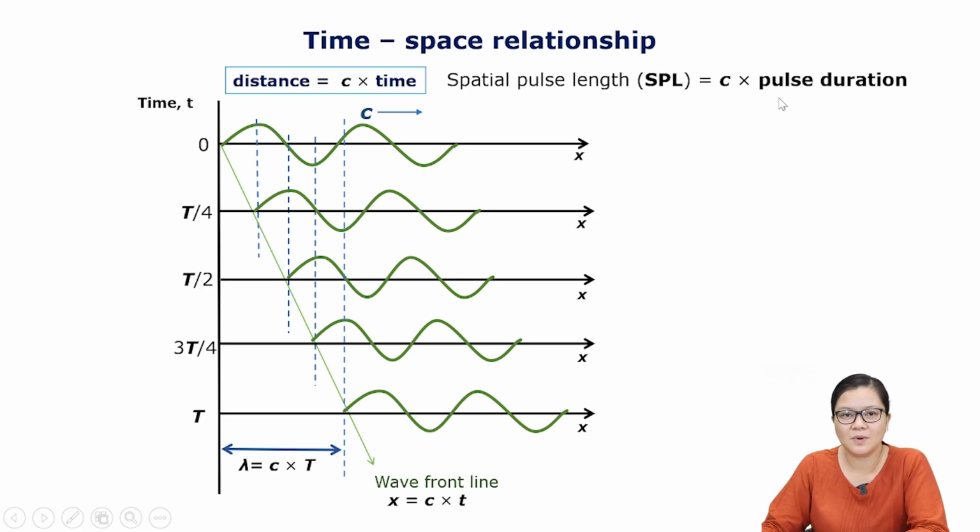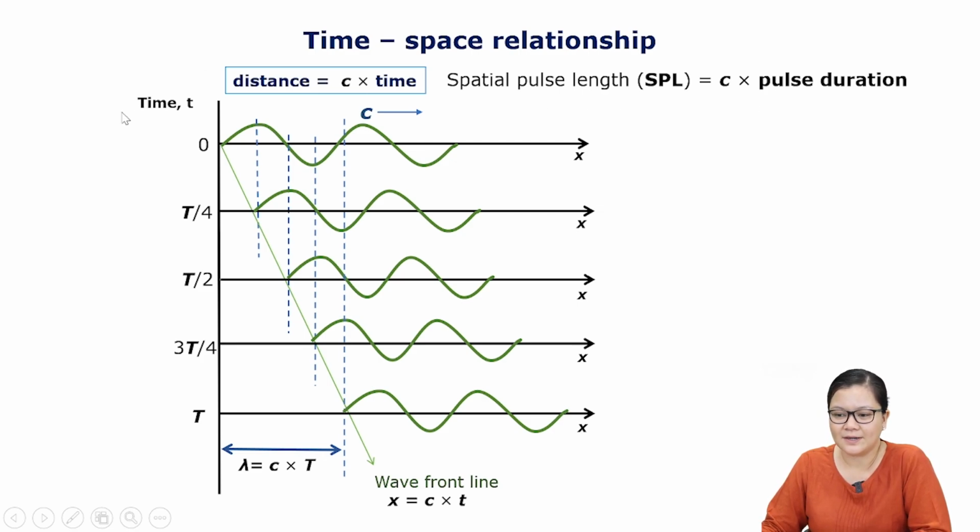A wave has a time component, described by the pulse duration, as well as a distance component, a space component. You can describe that pulse by a spatial pulse length. So this is that parameter. And the longitudinal sound speed is what converts between this time and space.